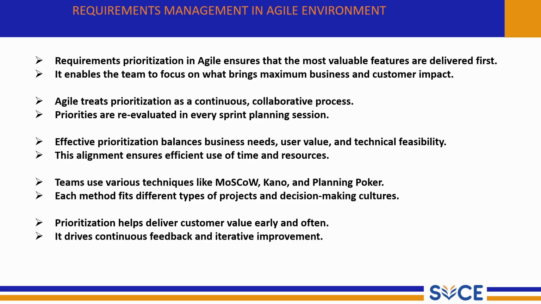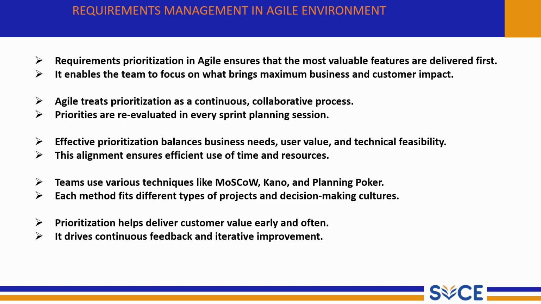Each method fits different types of projects and decision making cultures. No single method works for every project. The right prioritization technique depends on project size, industry, and team culture. Agile teams choose the method that best suits their situation.